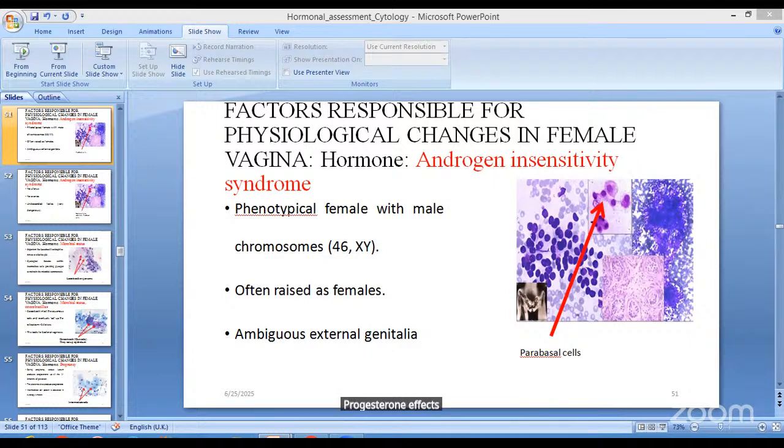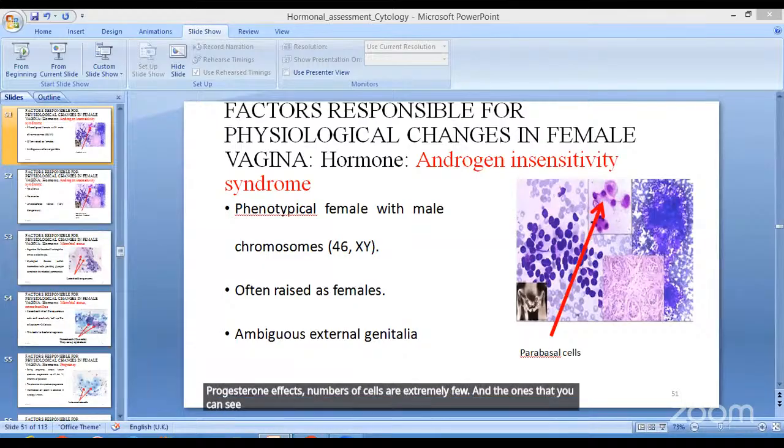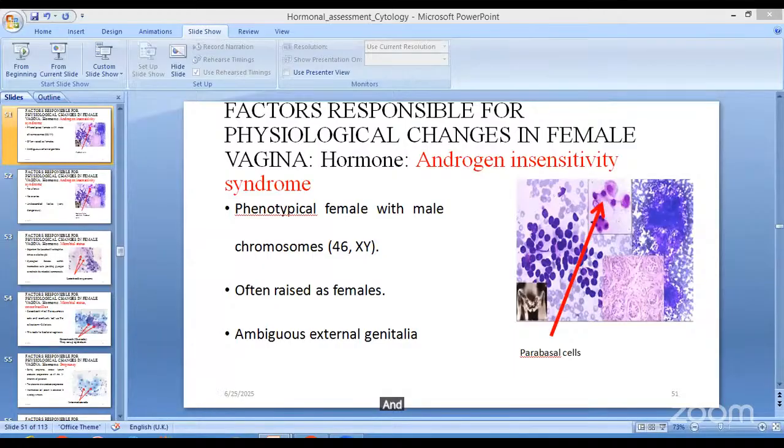The numbers of cells are extremely few, and the ones you can see are immature, round parabasal cells. And that's why, although a female, that individual cannot have menses and cannot give birth. It's a confusing state, androgen insensitivity syndrome.